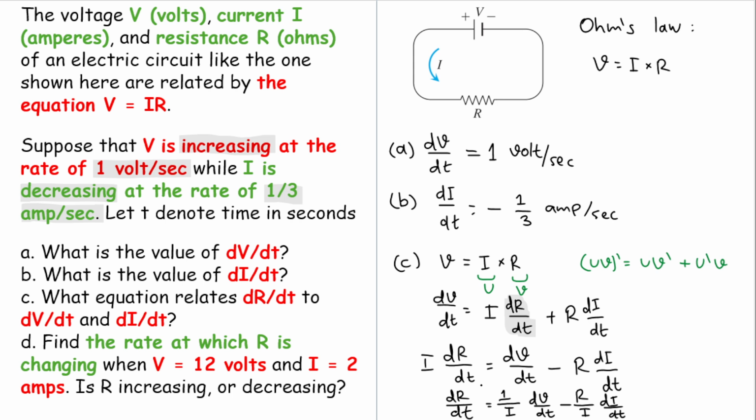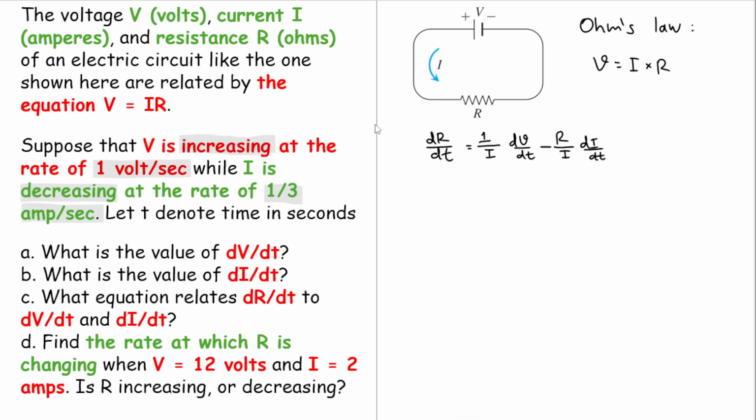Now let's clean this up and answer question D. Here is the equation for dR/dt. When V is 12 volts and I is 2 amperes, we need to find dR/dt.